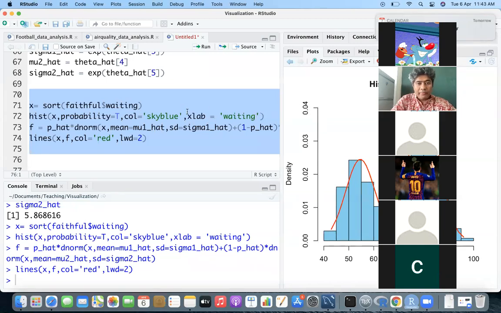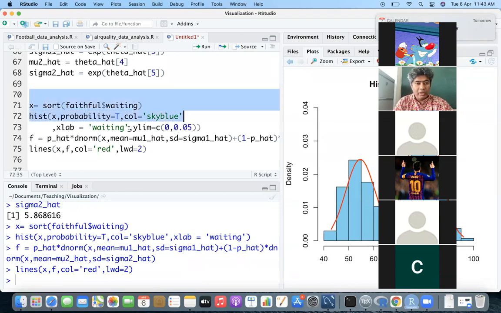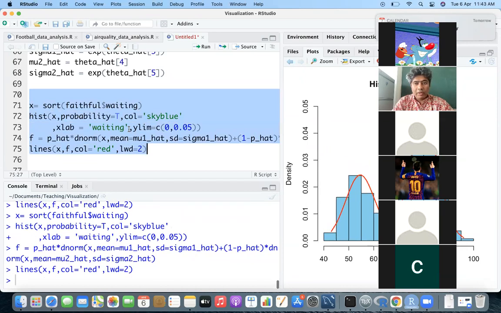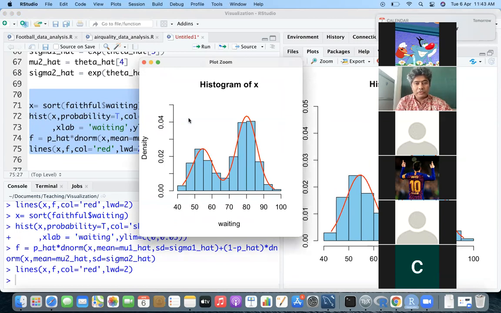I will go to the histogram and say y-lim, meaning limit of y, is 0 to 0.05. Okay. So now it looks pretty cool actually, and it looks like we have indeed got very good estimates.